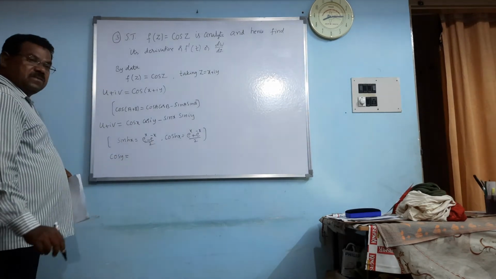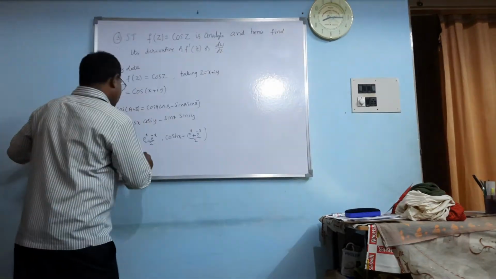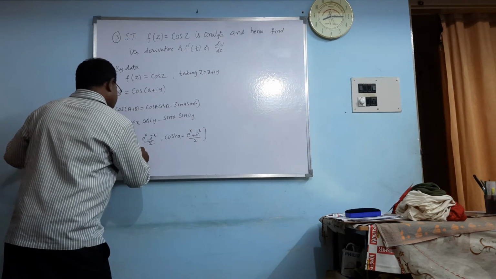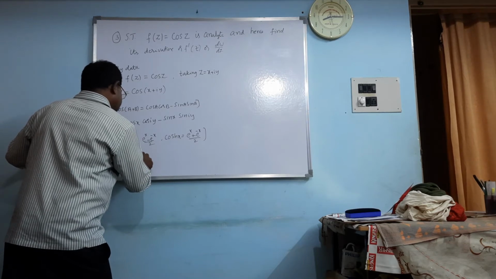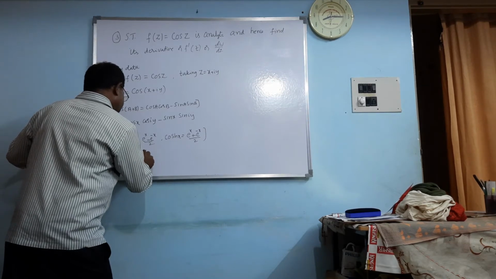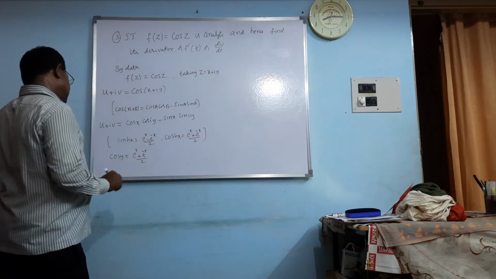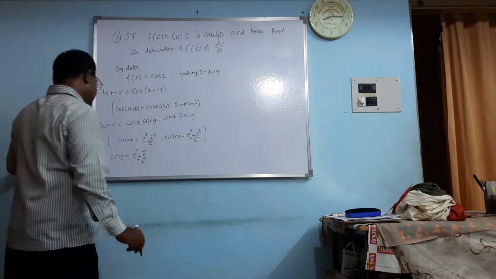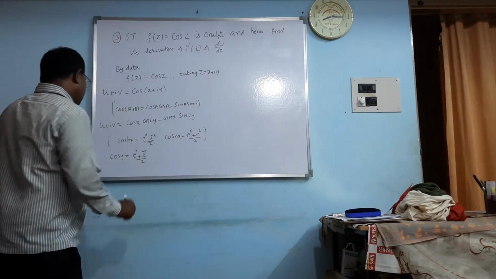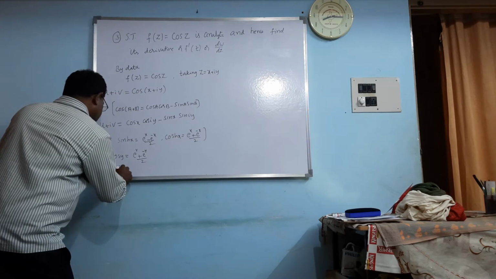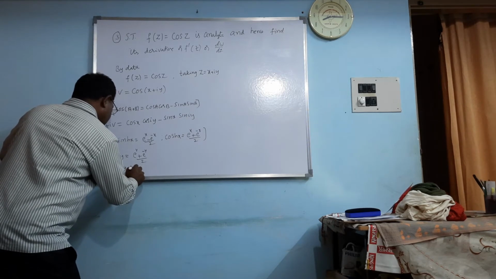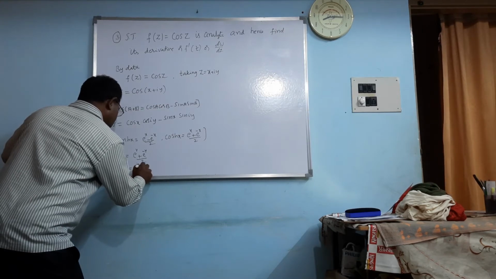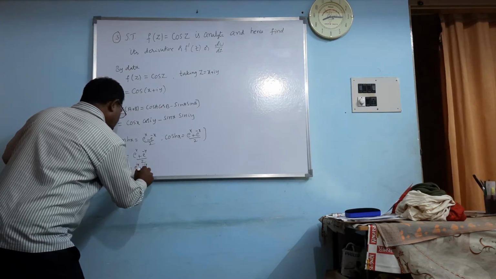Once again, cos iy means e to the power of iy plus e to the power of minus iy divided by 2.